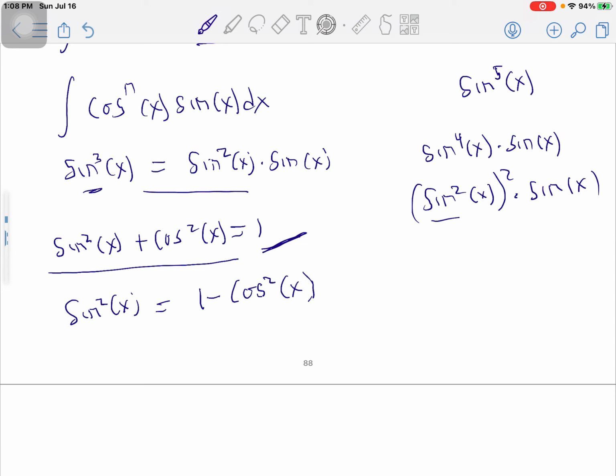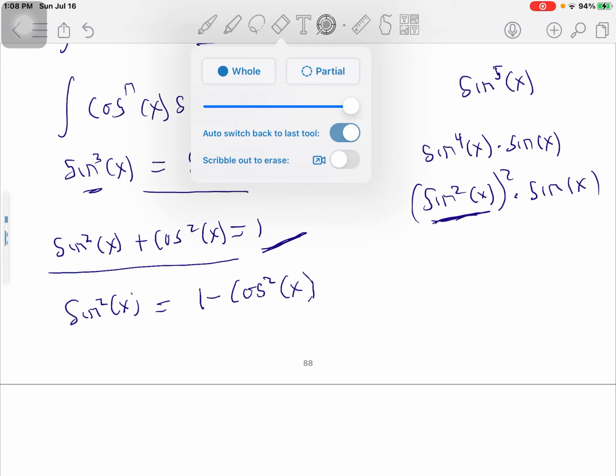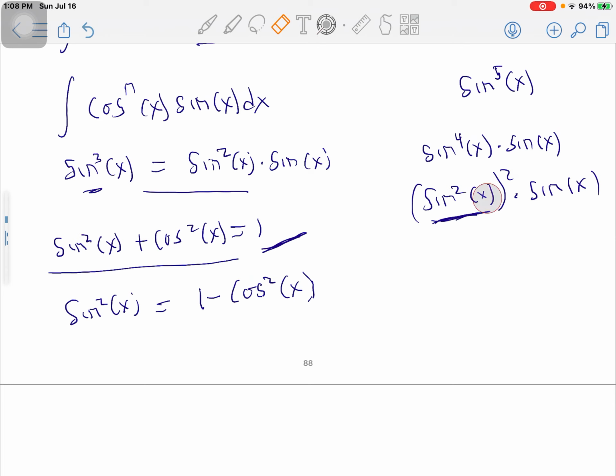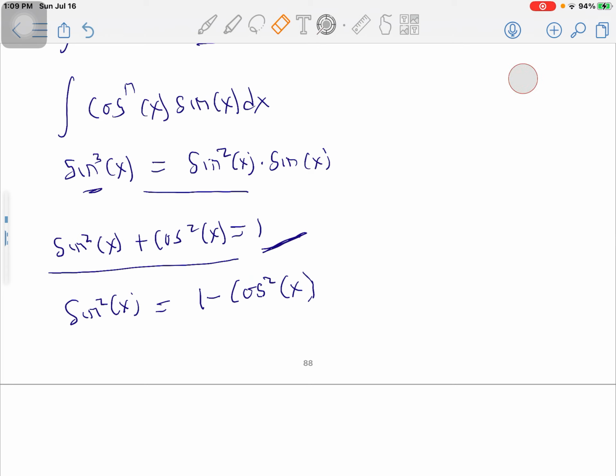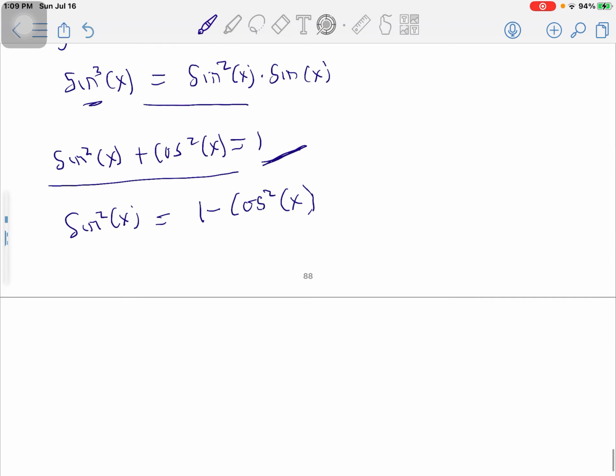In this way, we will be able to employ this trigonometric identity and substitute it over here. But we are not there yet, so let's concentrate on what we want to do before we come to that part.